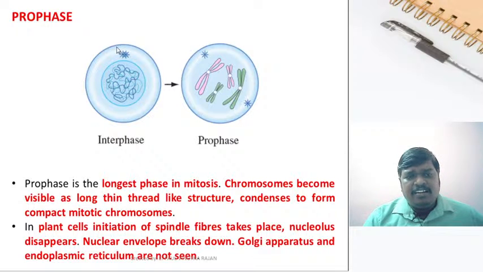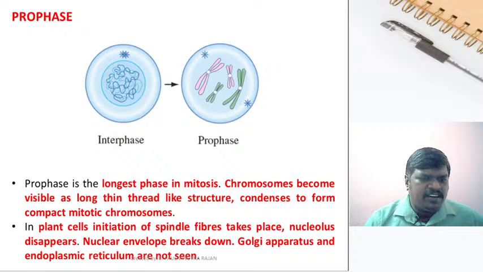Now this cell will undergo a process called prophase. This prophase is the longest phase in mitosis. So what will happen to the cell in prophase? The chromatin threads condense and become chromosomes.